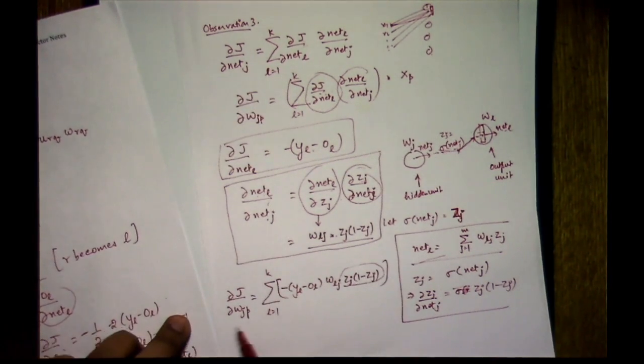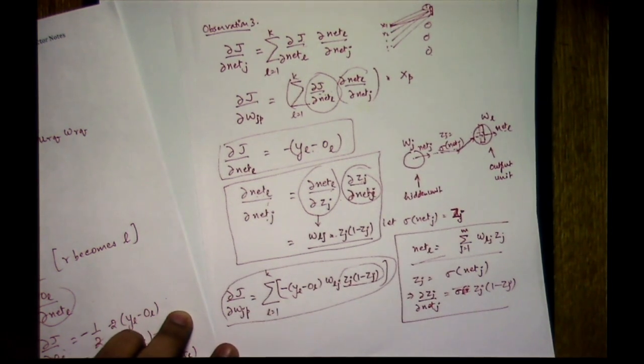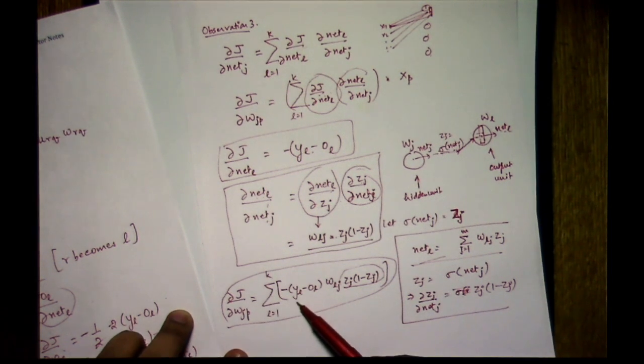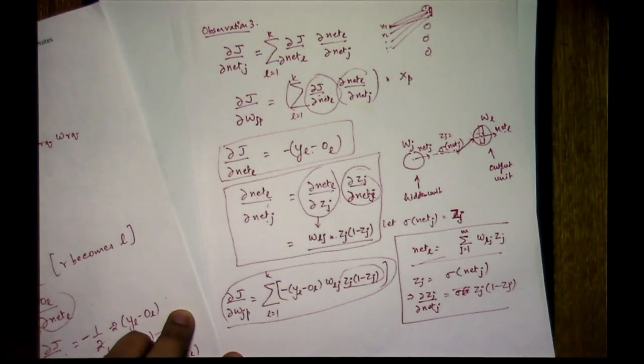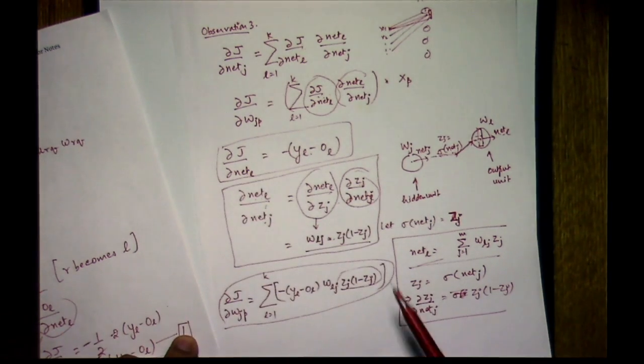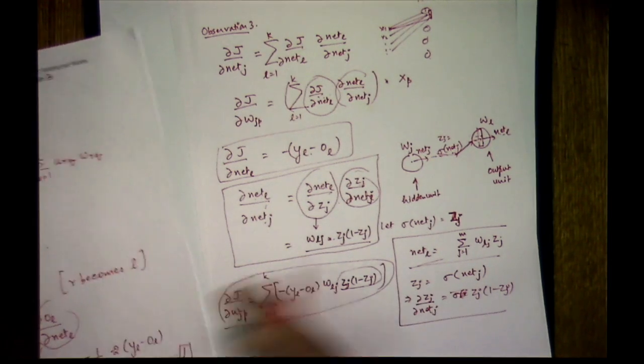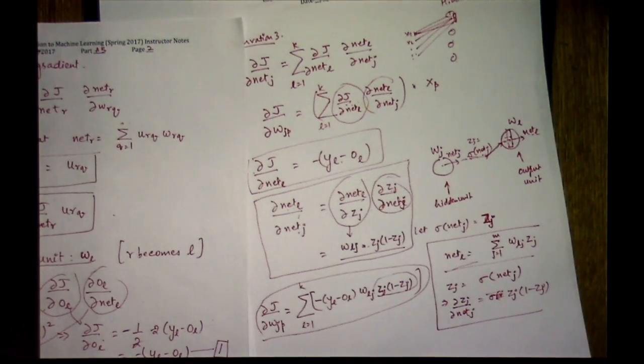The idea is that now you know how to compute the partial derivative with respect to any weight entry in the hidden unit as well, because you know what this is. This is the true label, this is the output that you got at the end, this is the current weight at the corresponding output entry, and this is the output coming out of the jth hidden unit. So we have everything, and you can compute that. This is what you have to do in the programming assignment as well, which is to implement these things. Any questions so far?